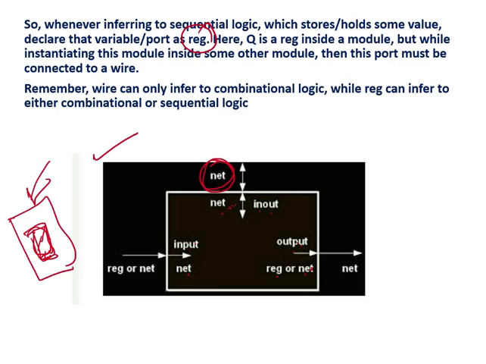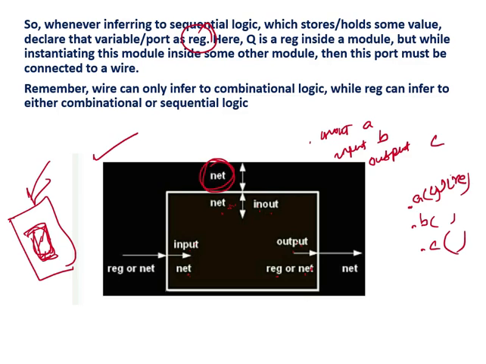Means, for example, inside your module, let's say inout A, input B, output C. So when you are instantiating this one, A, then B, then C. This A is the inout, so this part has to be always a wire type signal. Okay.